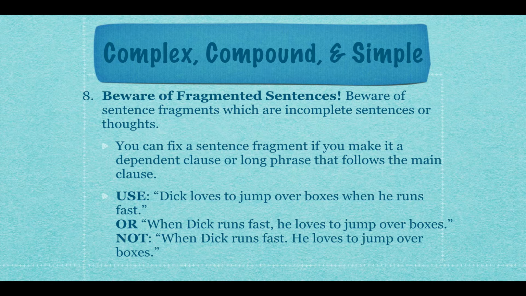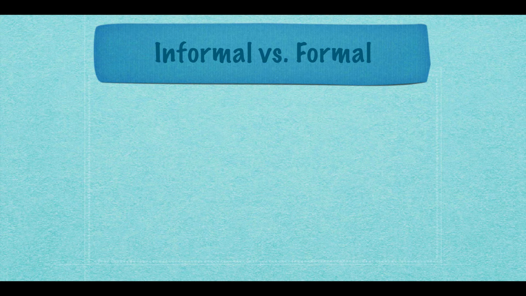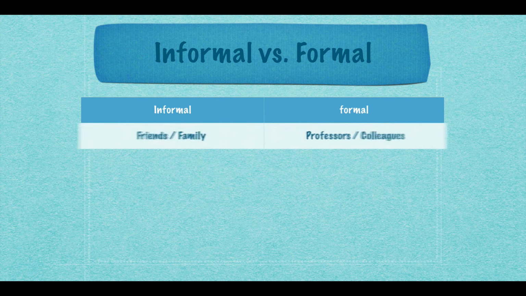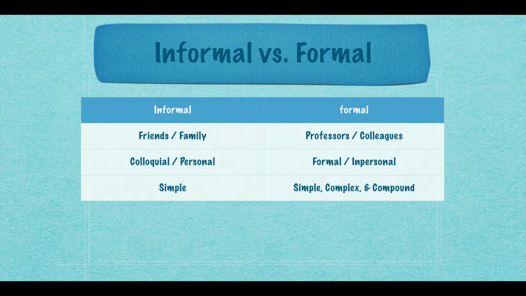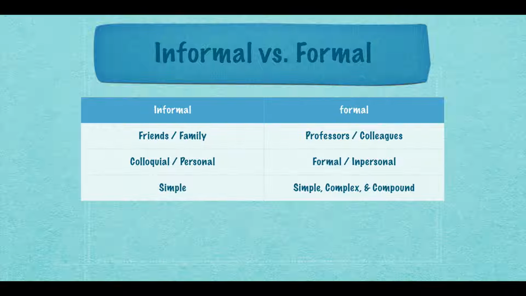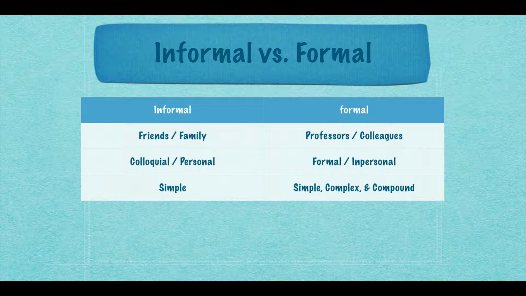So this is a good place to pause, take a break, and recap what we've covered so far. In the academic formal style, we know that our audience is our professors and our colleagues. We've covered the formal and personal style, and we've looked at examples of simple, complex, and compound sentences and how each adds a unique quality to your academic writing.